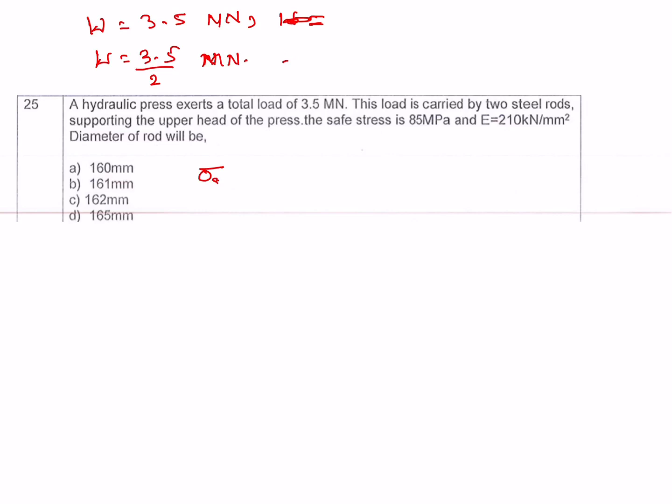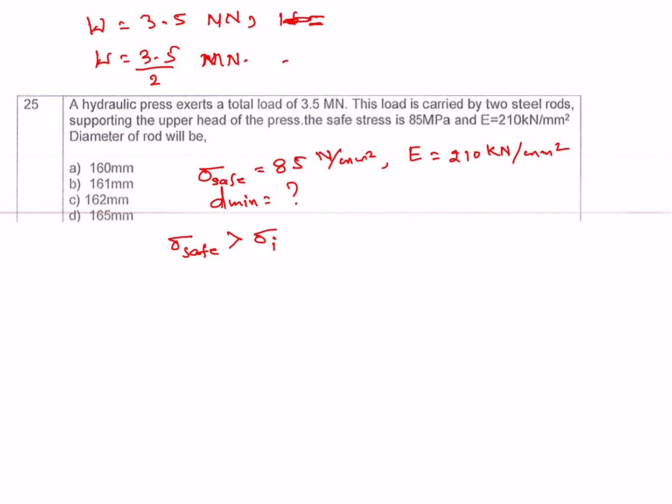Sigma permissible is 85 megapascal or Newton per mm square. E value 210 kilonewton per mm square. D minimum we have to calculate. So sigma permissible should be greater than sigma induced. 85 greater than or equal to, or we will take equal to, 3.5 by 2.